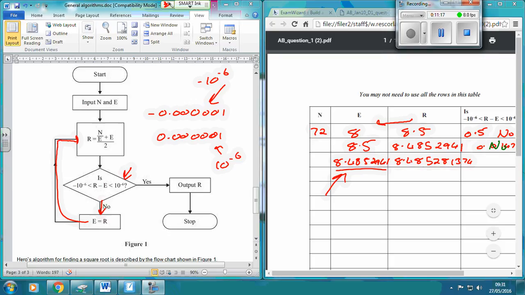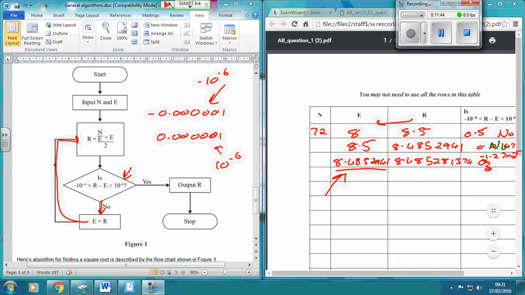So if we do that, take away our value, we get minus 1.27 times 10 to the minus 5.